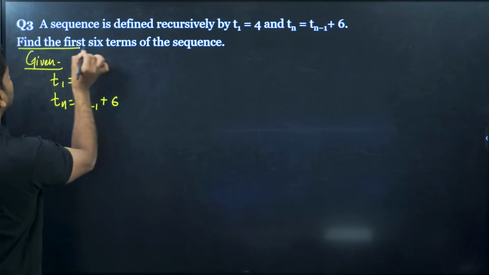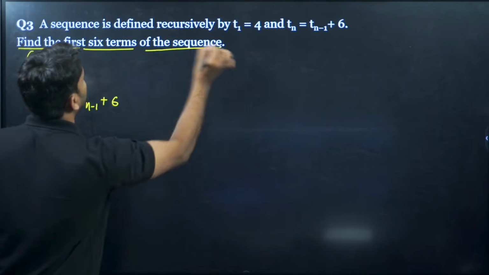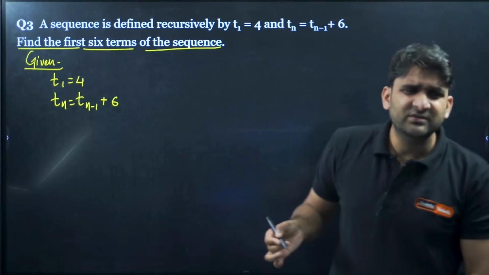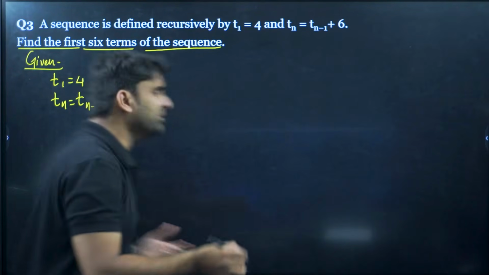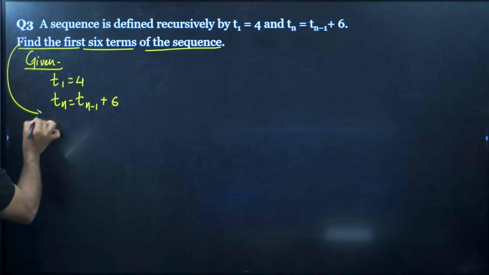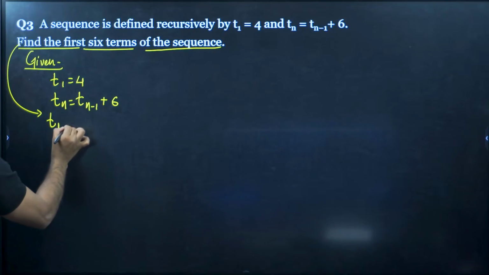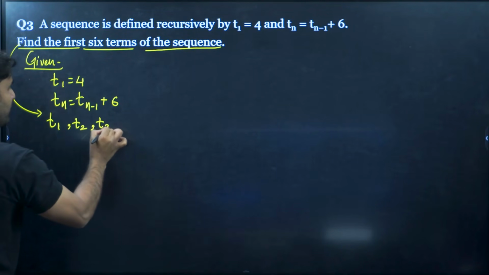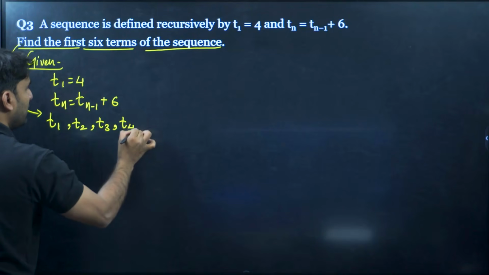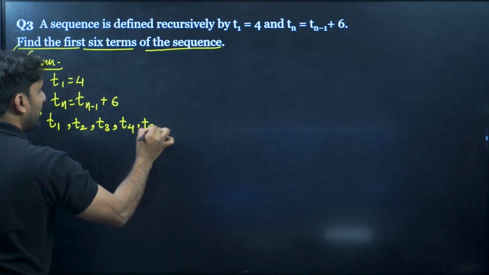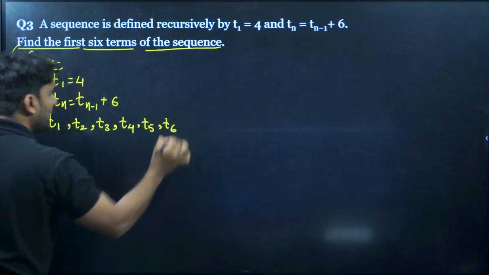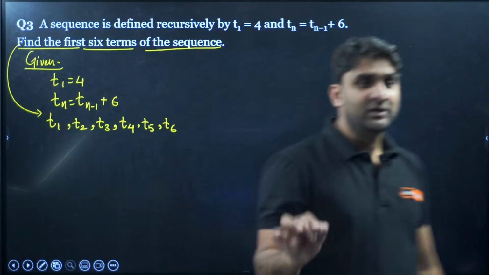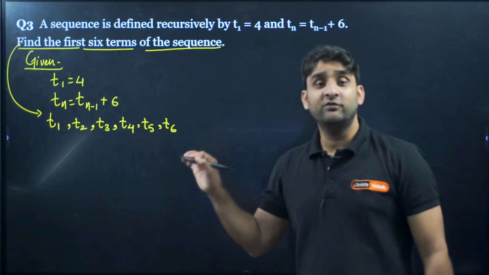Find the first 6 terms of the sequence. What is meant by the first 6 terms? First 6 terms means we require T1, T2, T3, T4, T5, and T6. Clear, everyone?